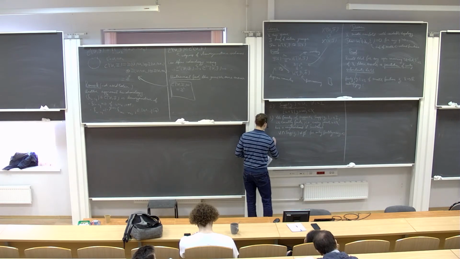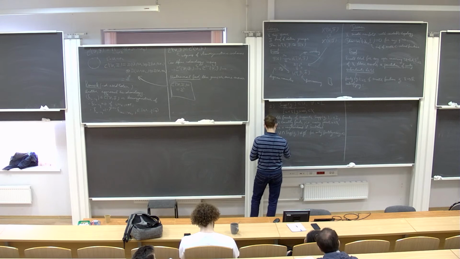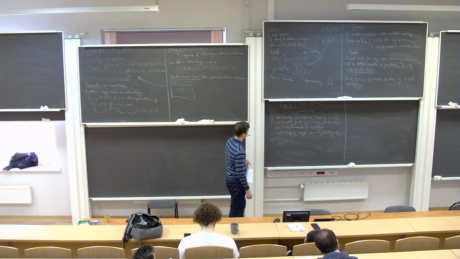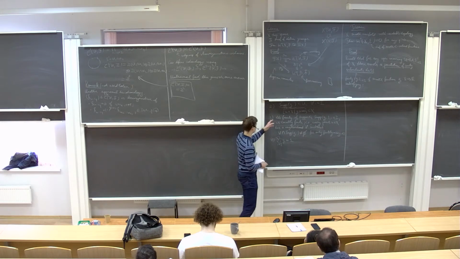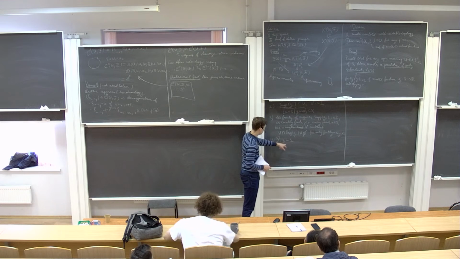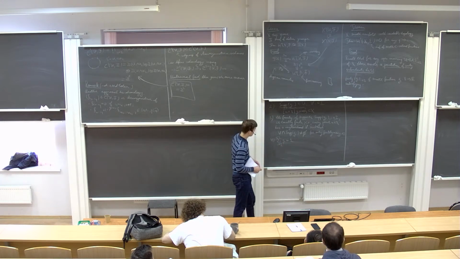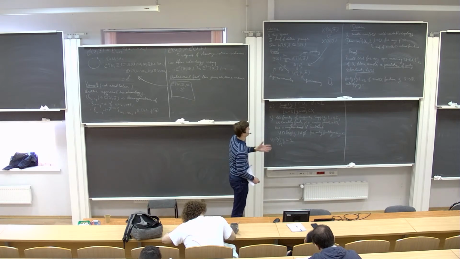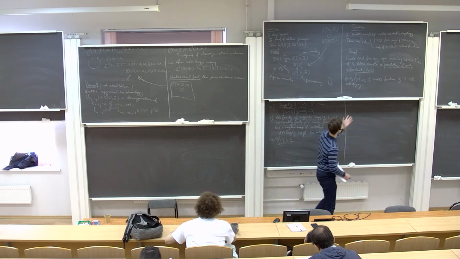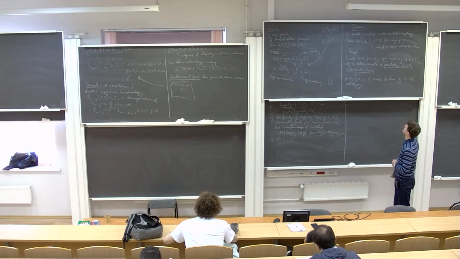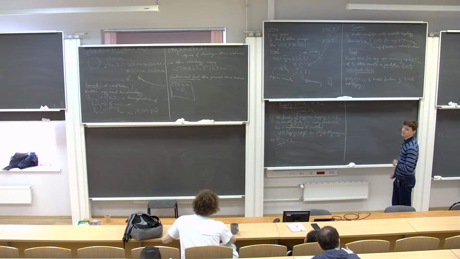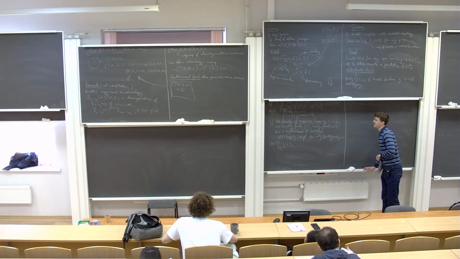And then the sum of these functions is equal to 1. The previous property guarantees that this sum is well defined: for any point x, only finitely many g_i's are non-zero at this point. This is a standard fact from a basic course of analysis on manifolds, so it's assumed that you studied that.